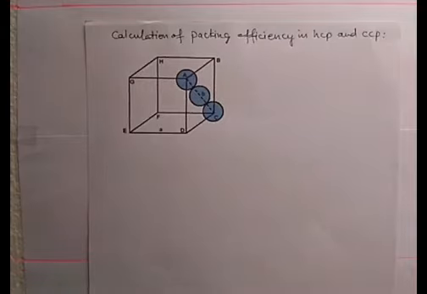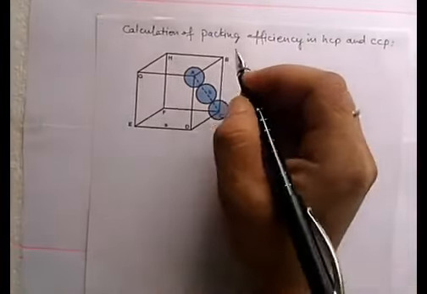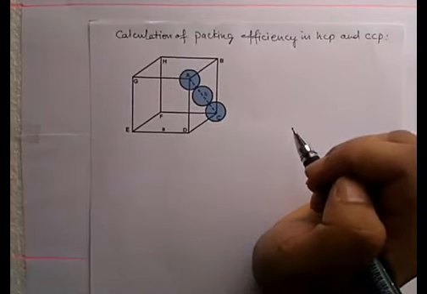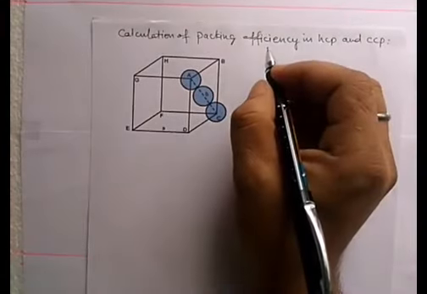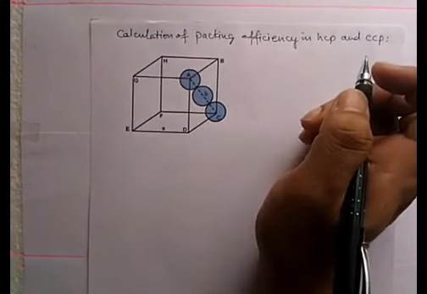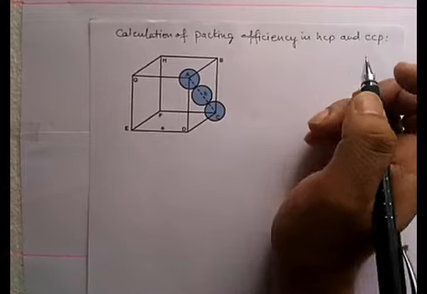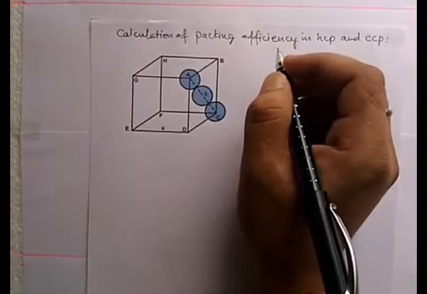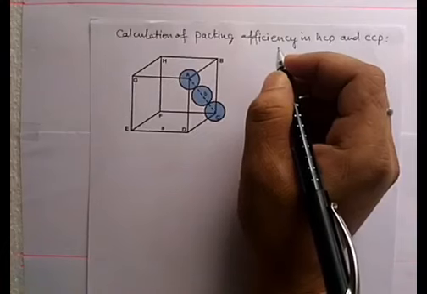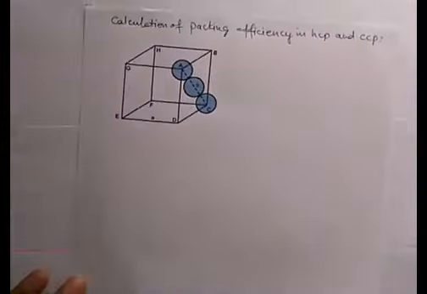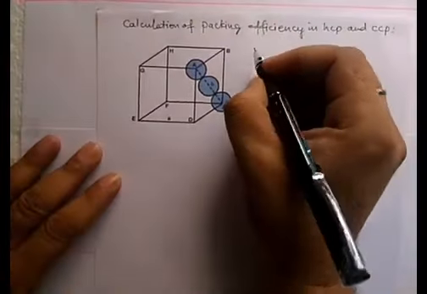So here we have the calculation of packing efficiency in HCP and CCP solids. HCP stands for hexagonal close packing and CCP for cubic close packing. The first thing we must have in mind is what packing efficiency is.